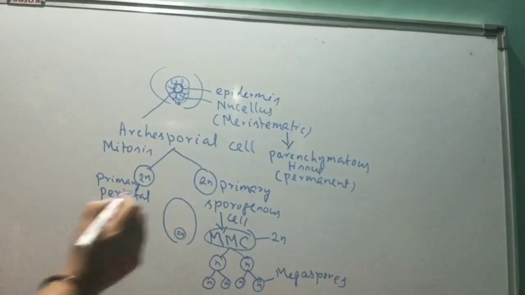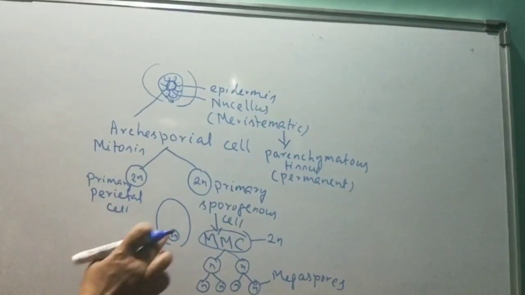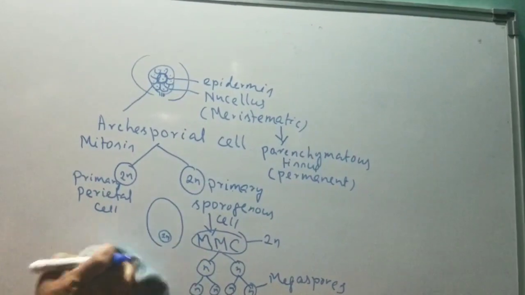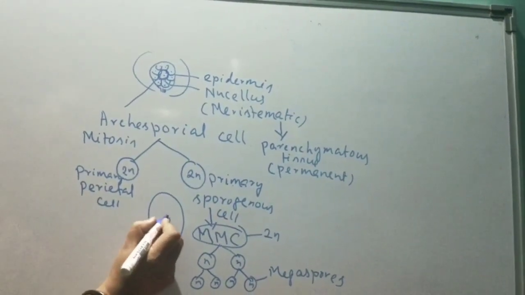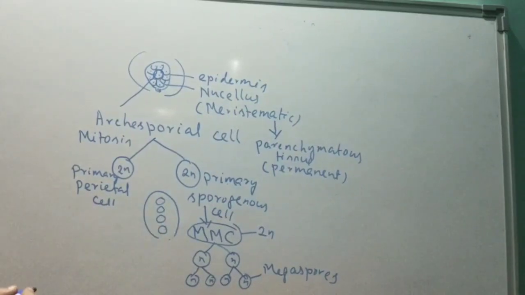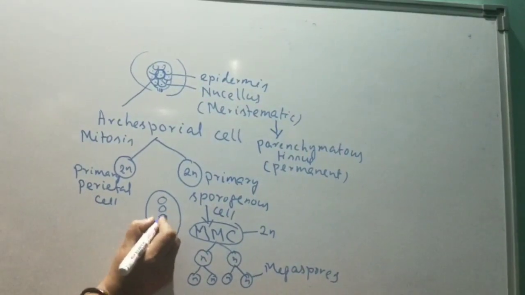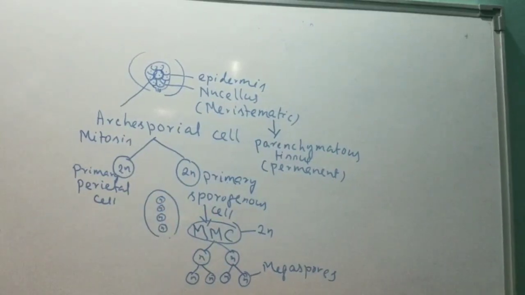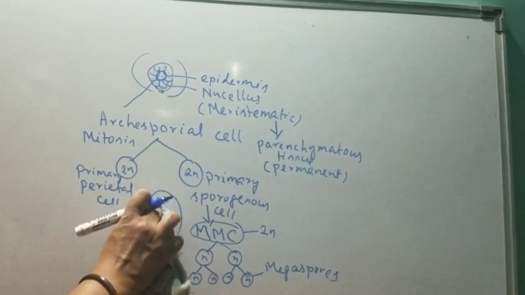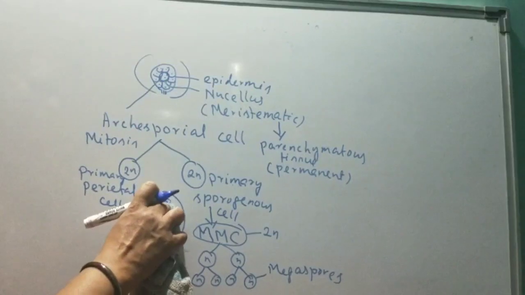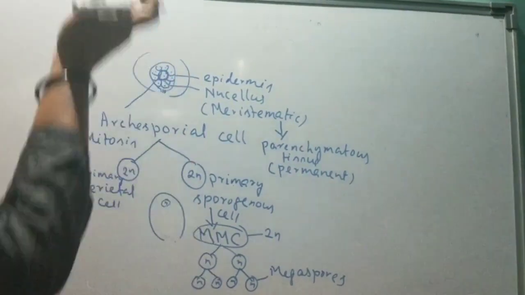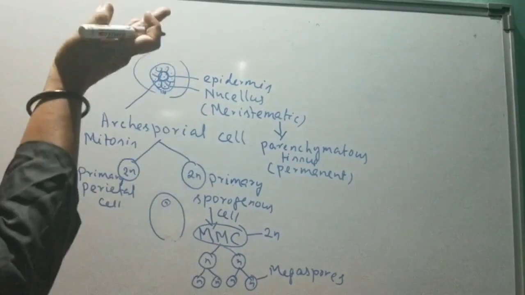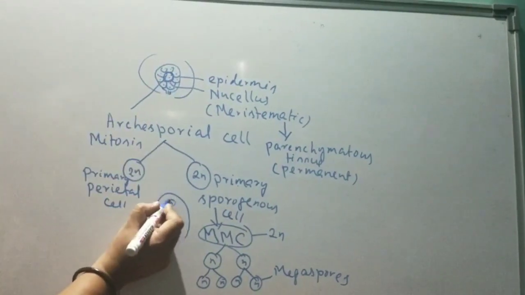Now this is your megaspore mother cell. I will write here 4 megaspores linearly present, having chromosome number n each. Now 3 of them will disappear, and only 1 megaspore, the one present towards the chalazal end, the reverse side, will remain functional.